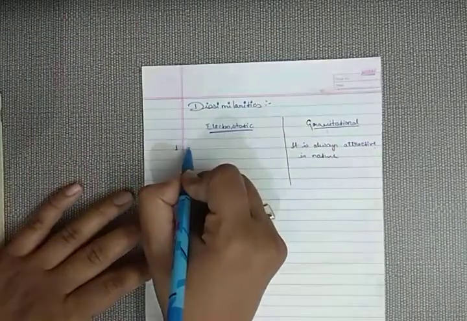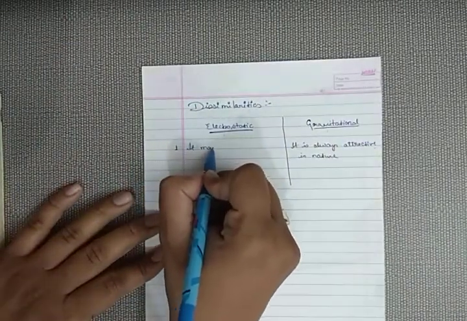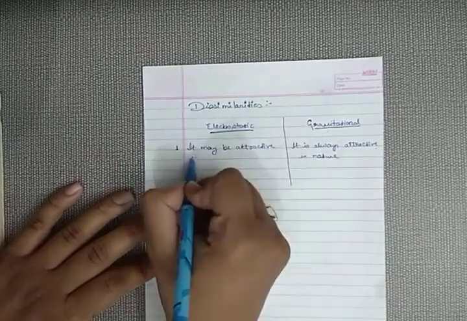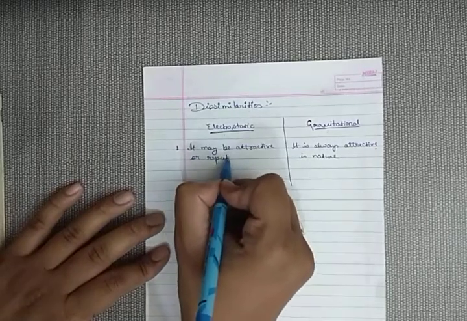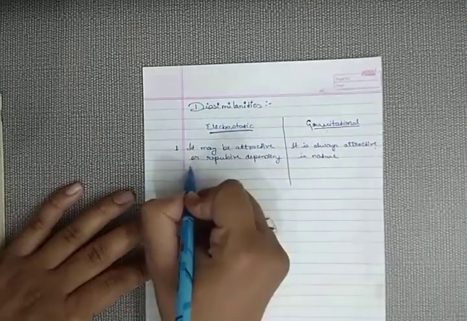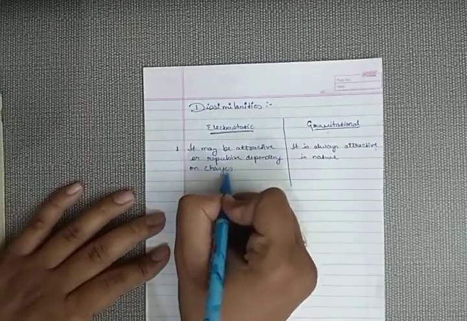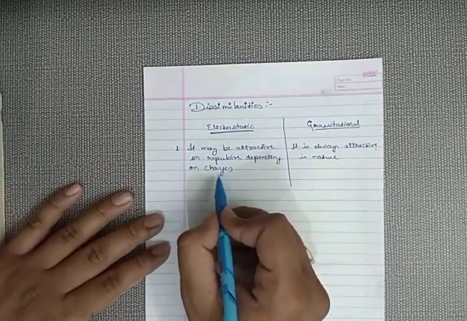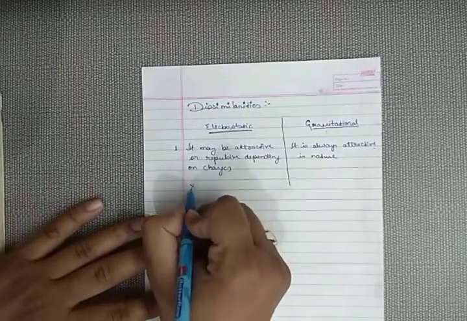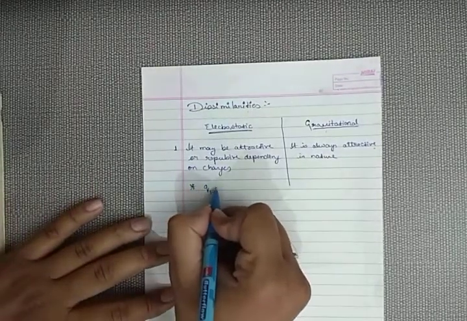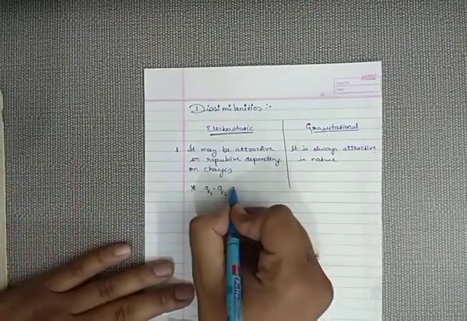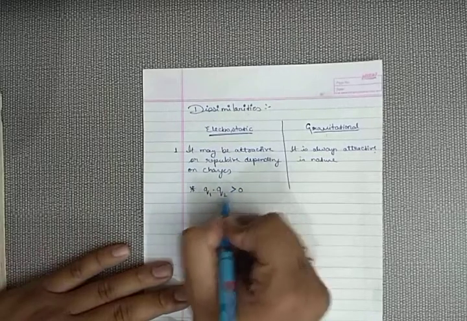But electrostatic force may be attractive or repulsive depending on the charges. So this electrostatic force may be attractive or repulsive depending on the charges. Now you just learn it. If the two charges q1 dot q2 is more than 0, greater than 0 means positive.